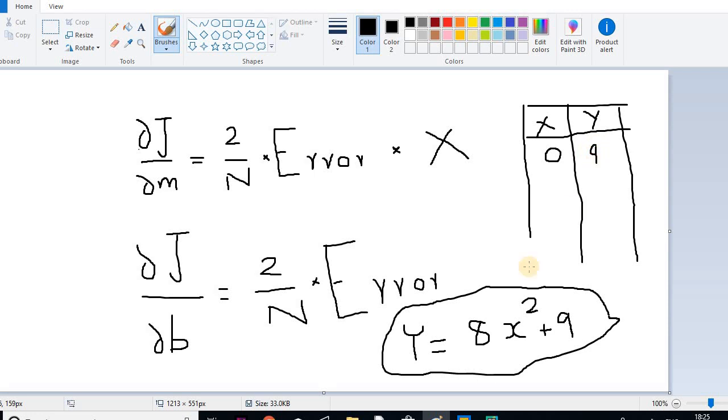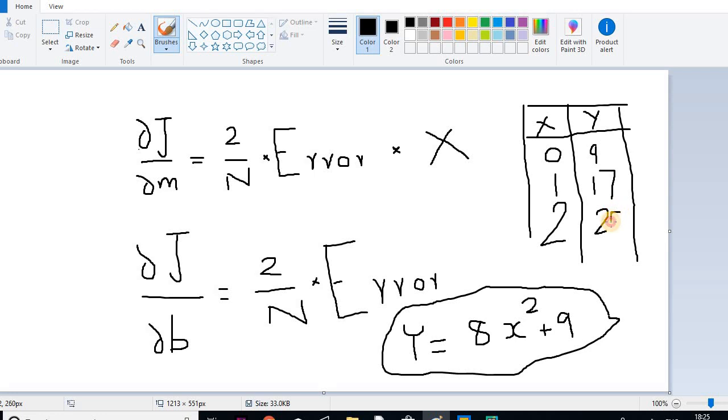This is one value. When x is 1, we substitute x as 1, then y should be 8 plus 9, that is 17. When we provide x as 2, you will get y as 25.